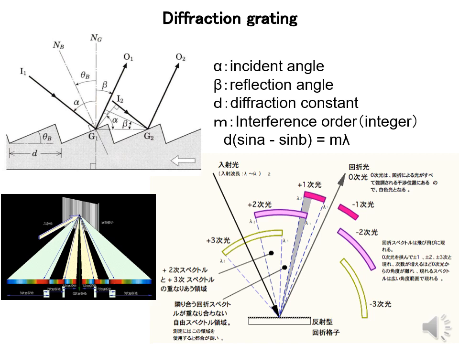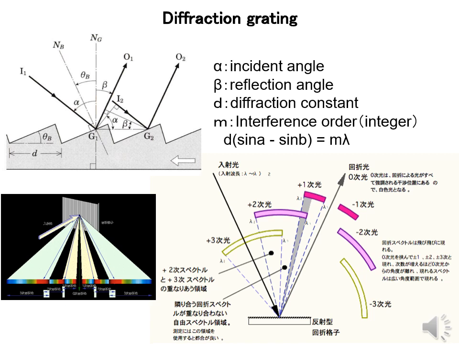Actually, when white light is incident at the angle as shown in the lower right figure, the white light that includes all wavelengths of the incident light is reflected at the angle called 0th order light.